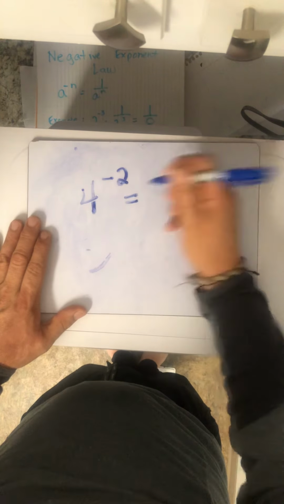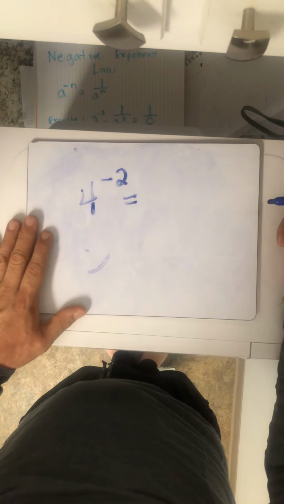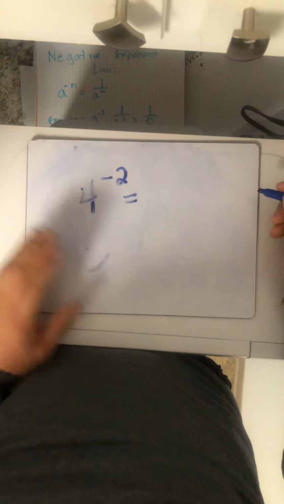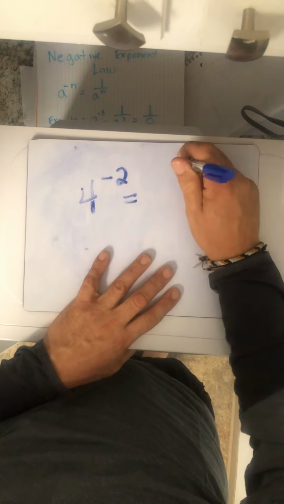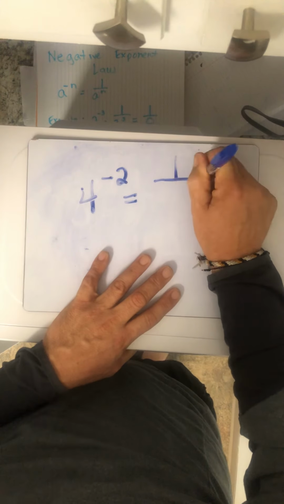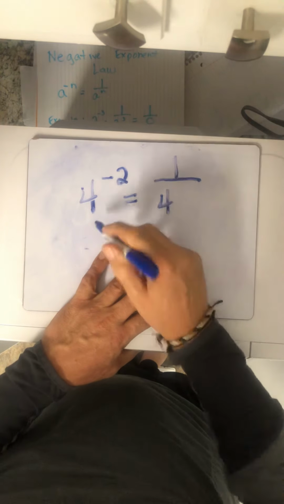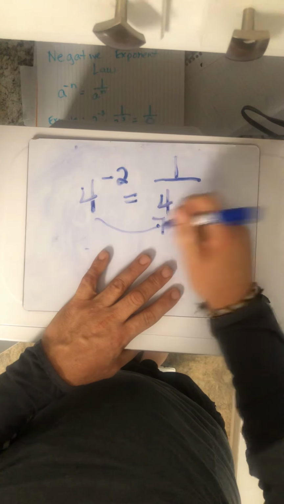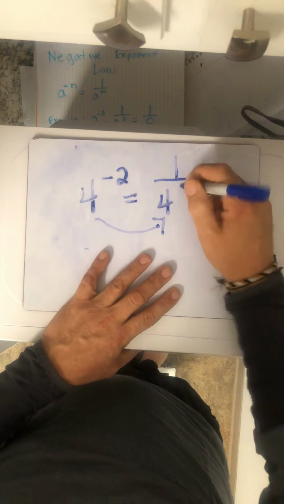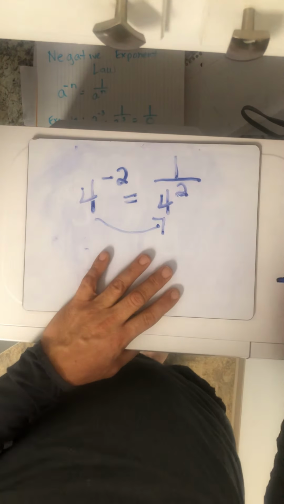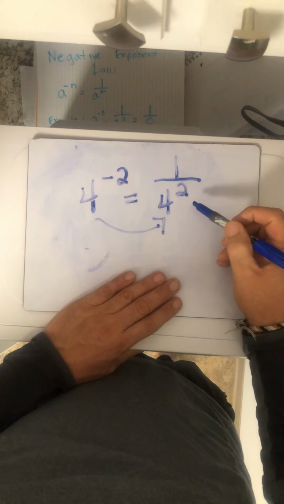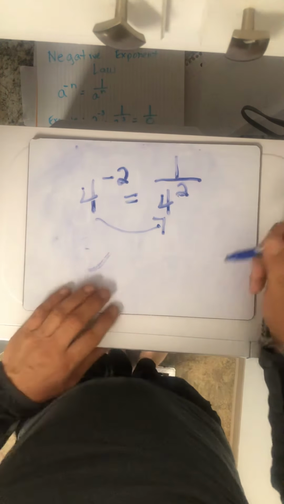If I'm asked to just write this with a positive exponent, the law of exponents says just write this as 1 over, keep the base the same, and then make the exponent that was negative positive. So this is rewriting with a positive exponent.